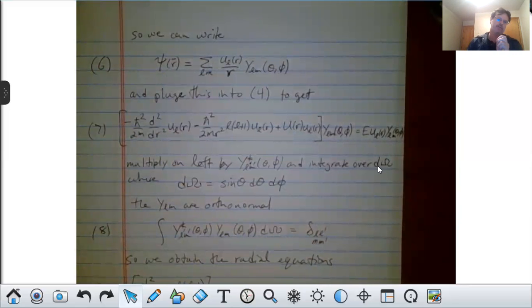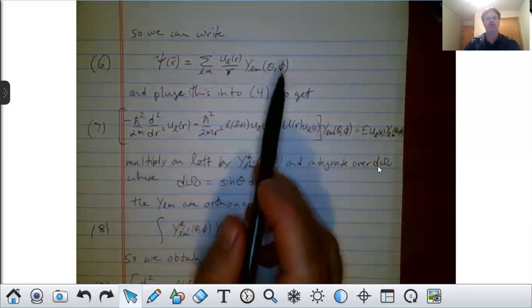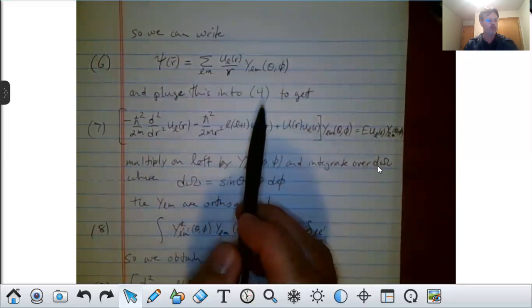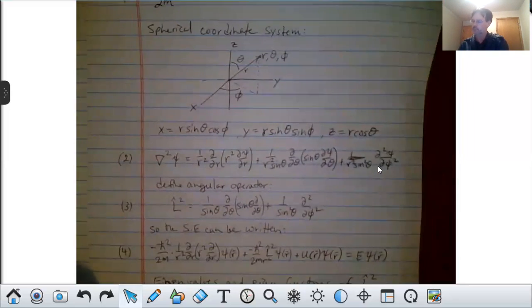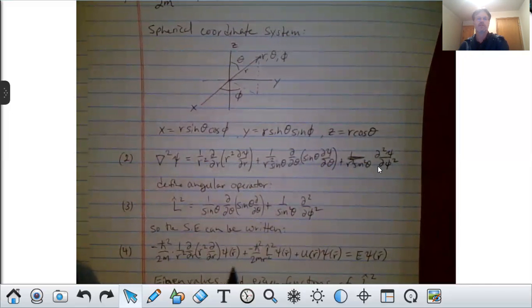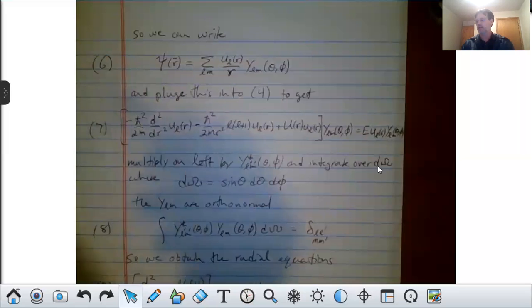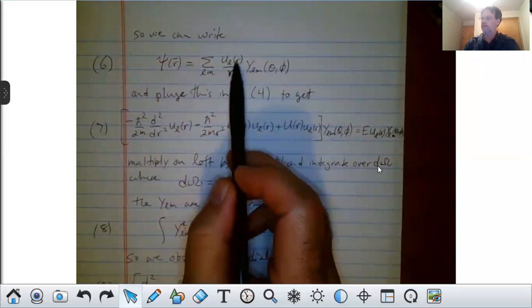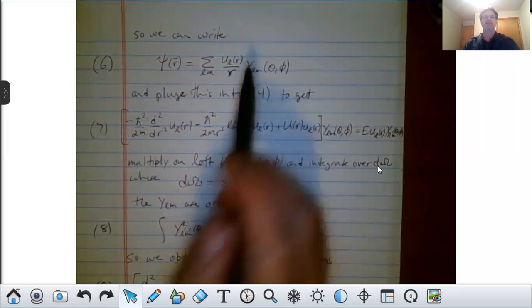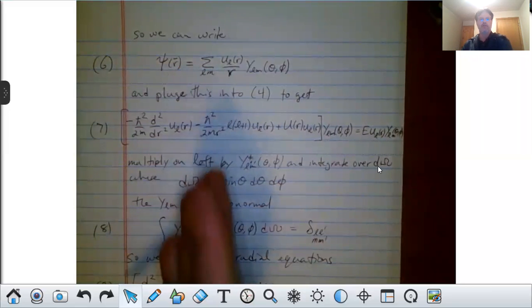But what I will do now is plug this into my Schrodinger equation, equation 4 on the previous page. Let me just show that real quick. So I plug it into the Schrodinger equation. One reason I chose u_l(r) over r is because it simplifies things when you do all the derivatives.